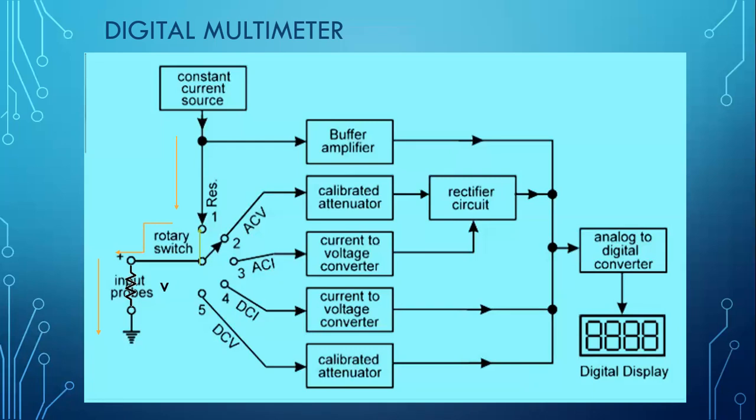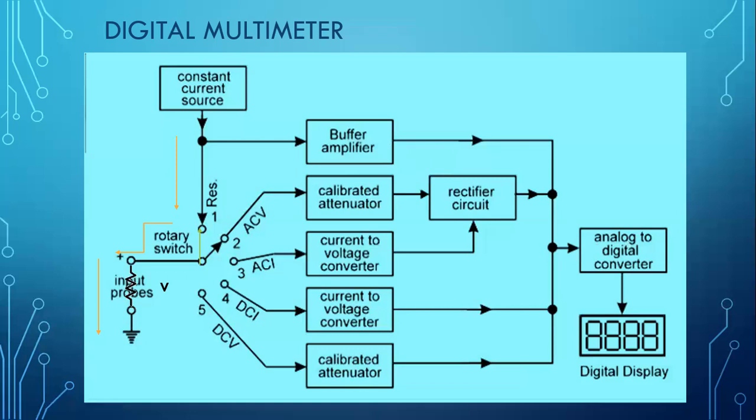So what we have done is converted this current, by using that resistance, into a proportionate voltage. That voltage is then applied to the buffer amplifier. Now, what is the purpose of the buffer amplifier? The buffer amplifier amplifies the signal, matches the impedance of that particular resistance with the analog to digital converter, and supplies that voltage to the analog to digital converter.